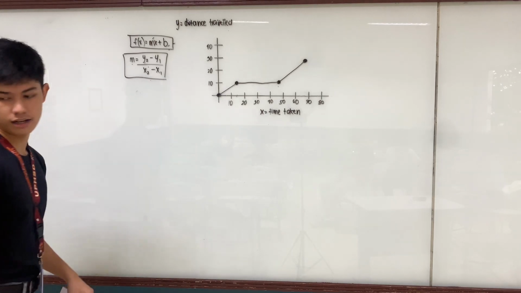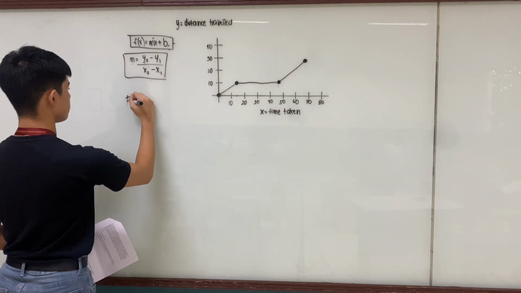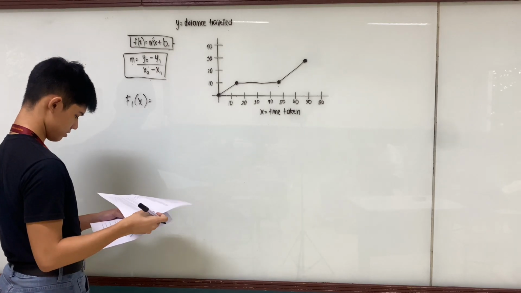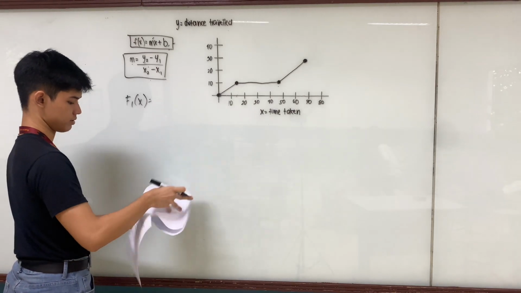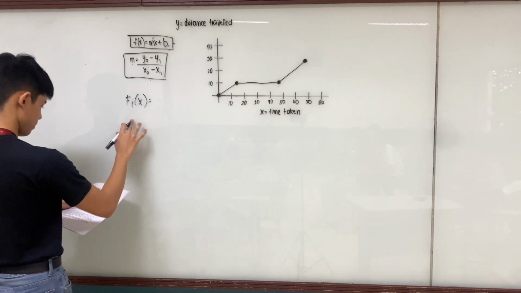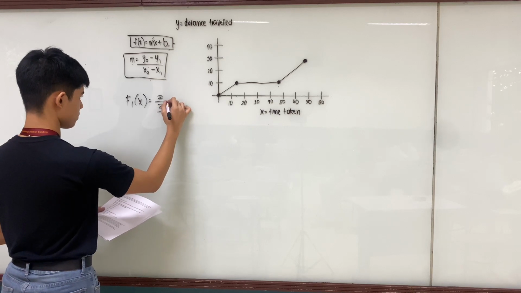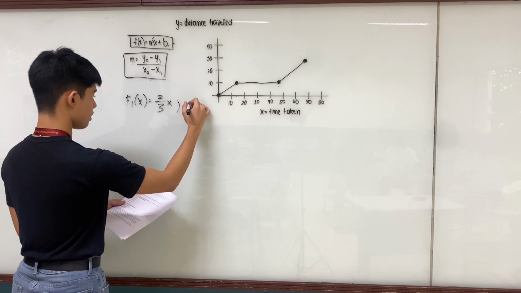So first, let us list our functions. f sub 1 of x is equal to 2/3 x if x is between 0 and 15. Then f sub 2 of x is equal to 10 if x is greater than 15 and up to 45.